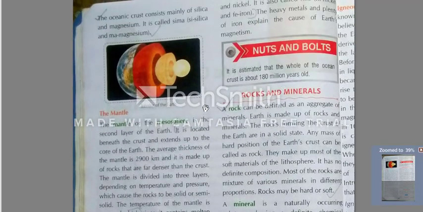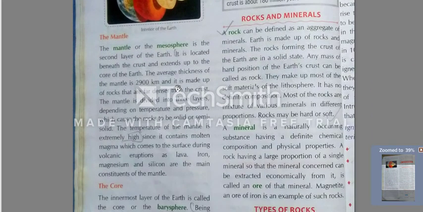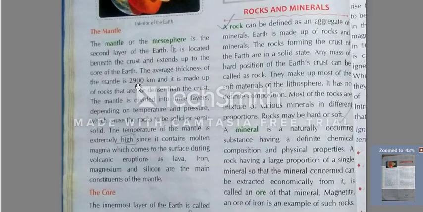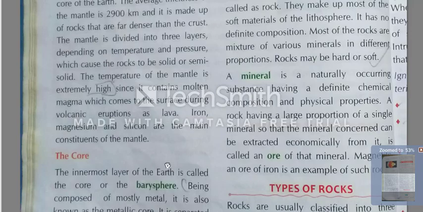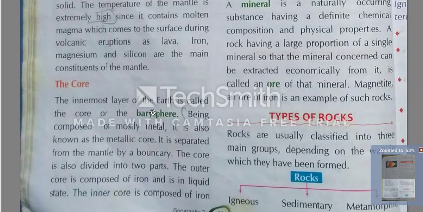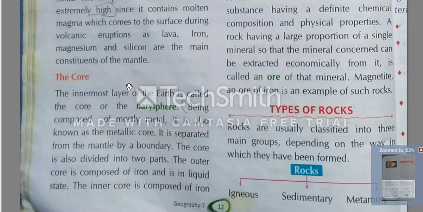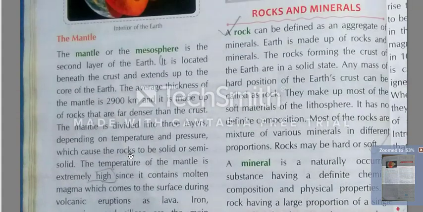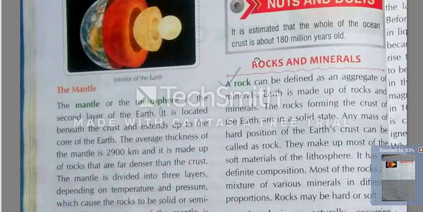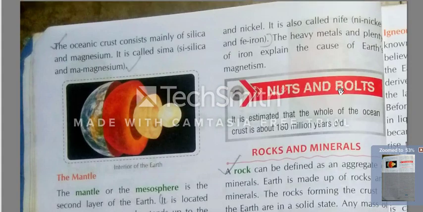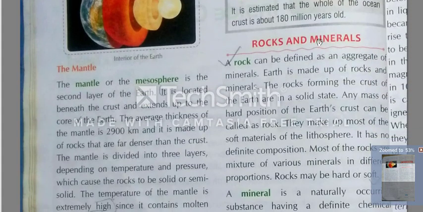Then we talked about the mantle and its thickness. I hope you can see it clearly on the screen. And here you can see the core: crust, mantle and core. In the previous video we completed till here, and in today's video we will start from here.